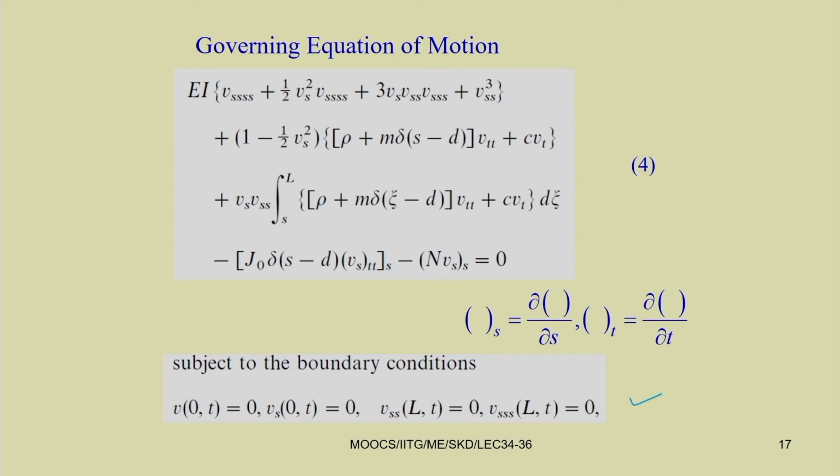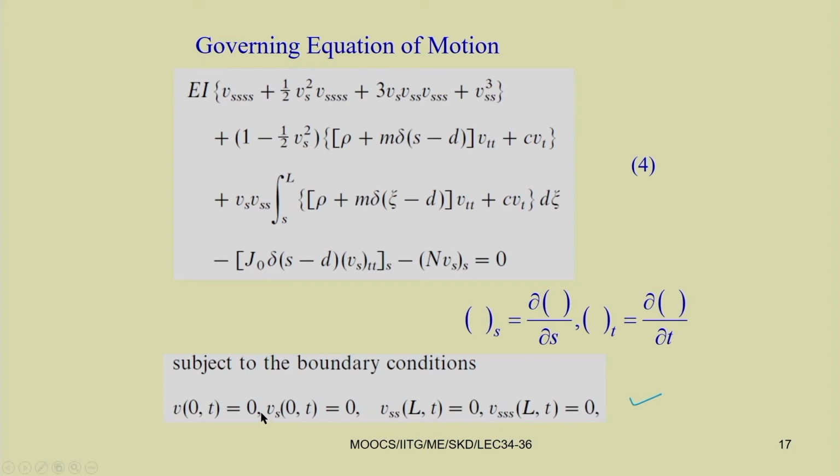If you were putting a mass at the end, then the boundary condition v s s L t should have been proportional to the bending moment, and the shear force would have been equal to the shear force there. But as it is a free end, the bending moment and shear force are equal to 0. That is why v s s L t equals 0 and del cube v by del s cube at L t equals 0.